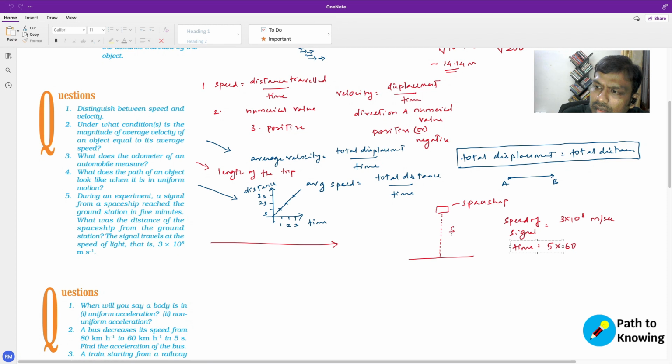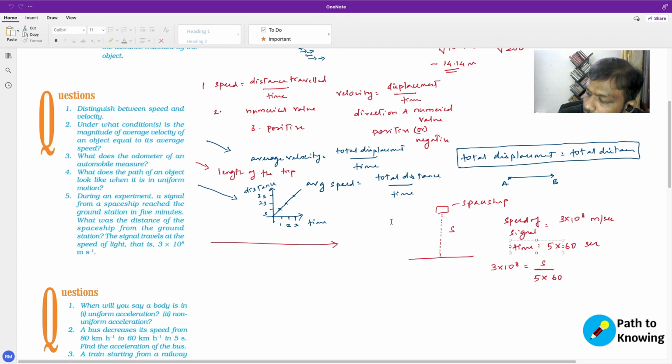We know the speed of the signal is 3 times 10 power 8, and the time taken for the signal to cover this distance s is going to be 5 times 60. If you equate speed with distance over time, 3 times 10 power 8 is equal to the distance traveled over the time taken, 5 times 60.